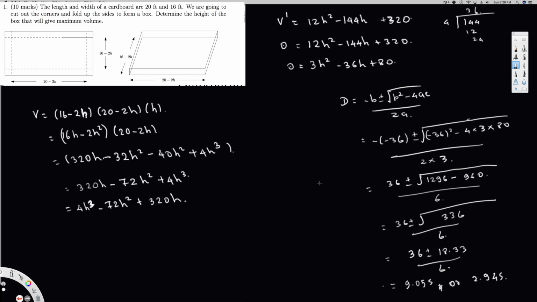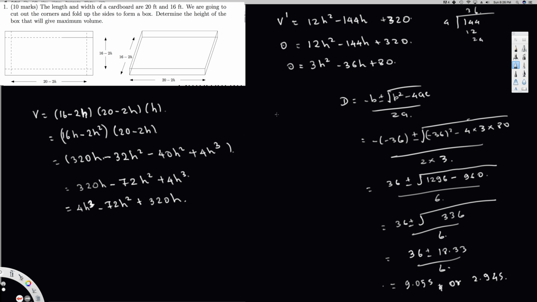In this case, what we can do is find the domain to see whether this is within the domain. To find the domain, I can grab this length and the width and set it greater than 0, because the length can't be a negative value. It can't be 0.